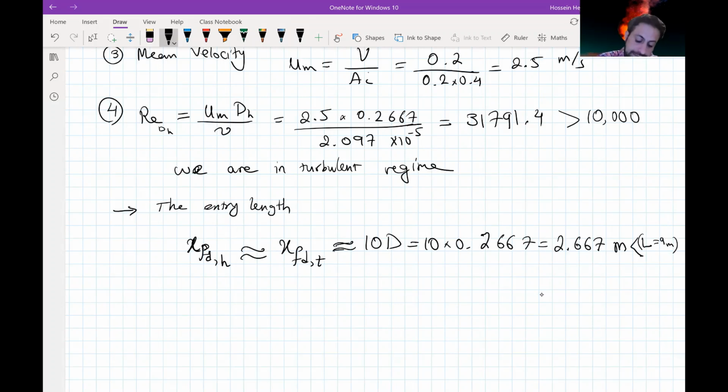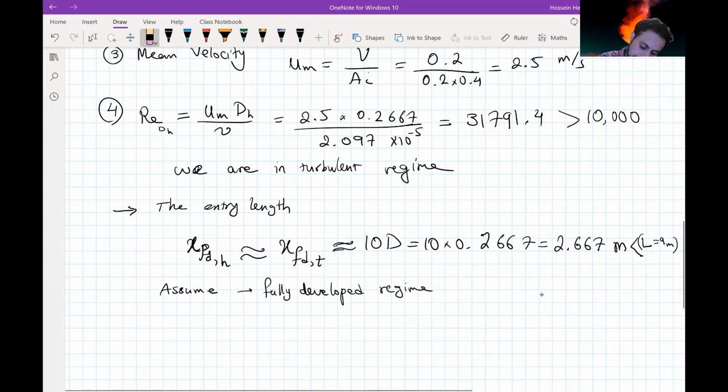Since it's much less than 9 meter, we assume we have fully developed turbulent flow, for both hydrodynamic and thermal, in the entire duct.